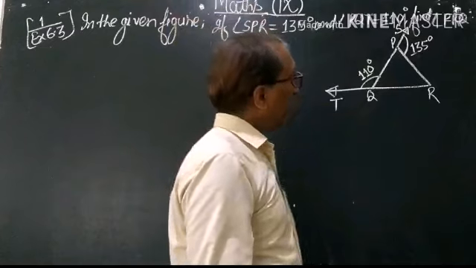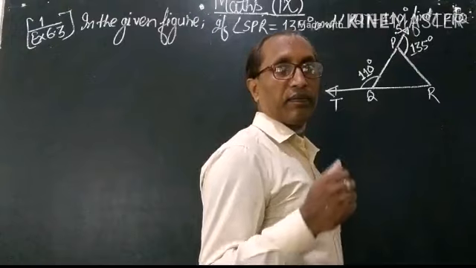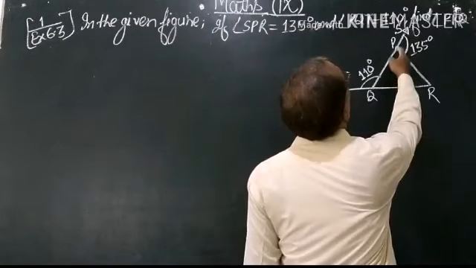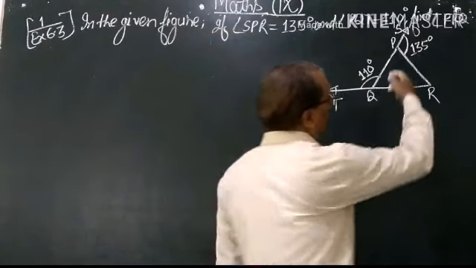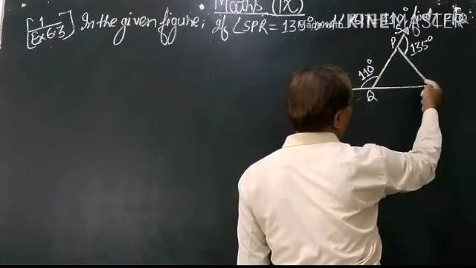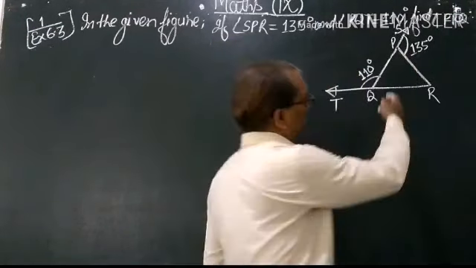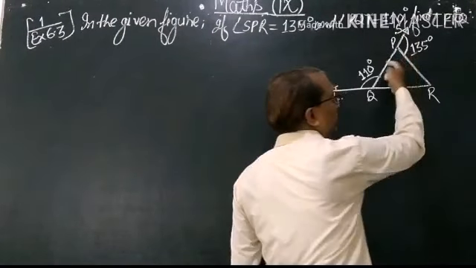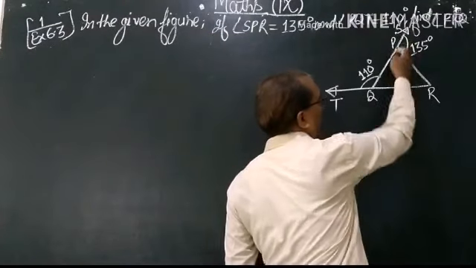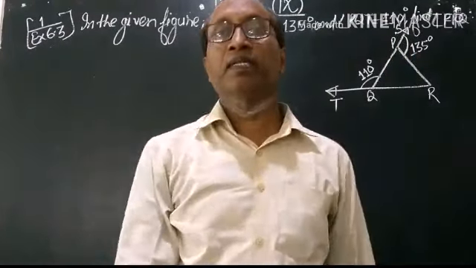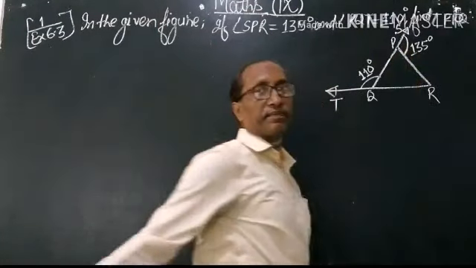First of all, you find out the value of angle QPR. Take angle SPR and angle RPQ, or QPR. This makes 180 degrees because these are linear pair angles, and you find out angle QPR from here.